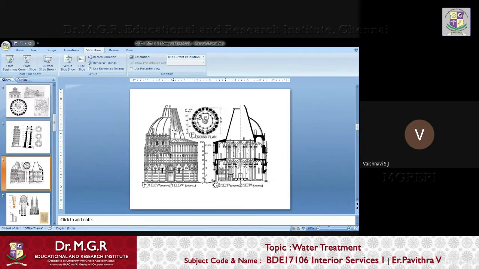In the earlier stage, they didn't have much decorative facade. In the later stage, you can see how decorative it has become. They incorporated all the intricate details of decoration in the later stage. So you have to say 2 points in the early stage and 2 points in the later stage.